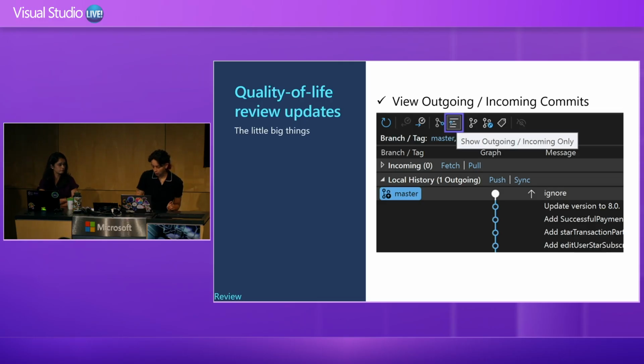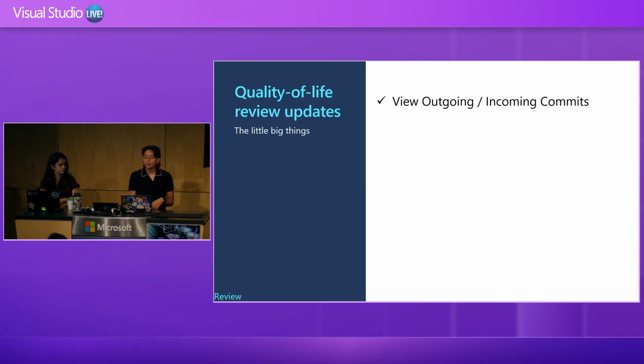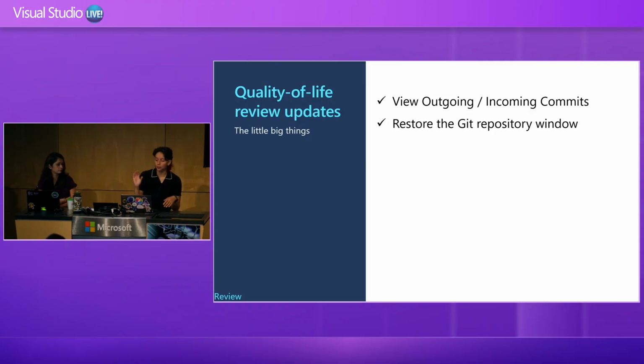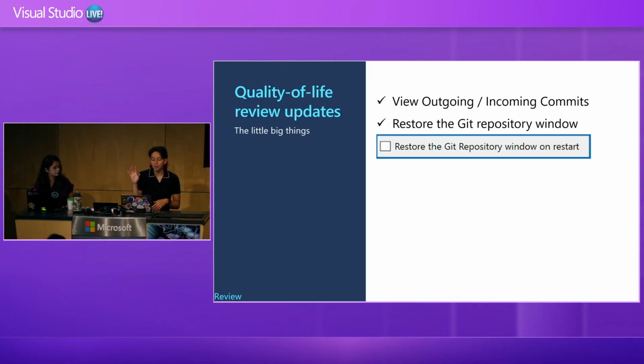Let's go on to the next one. I've got a few settings that might make your life a little bit easier. We know that folks love having their setup and their windows in a particular way, day in, day out. You don't want anybody messing with that configuration. And so we've allowed the Git Repository window to restore automatically on restart.